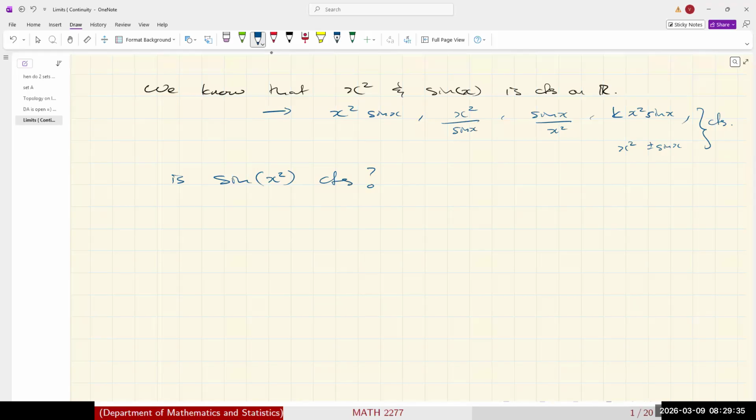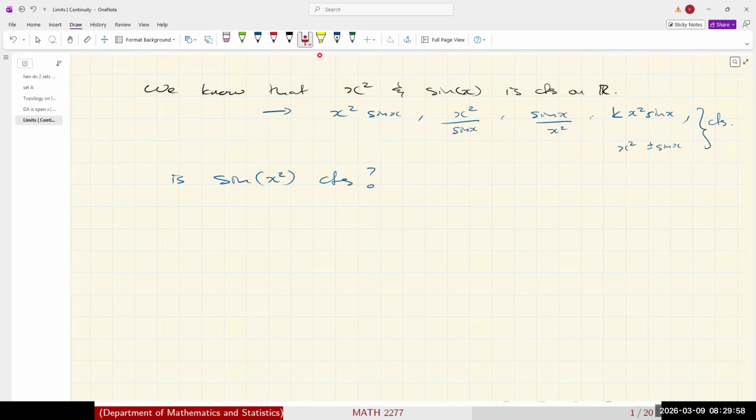So now here's the problem. Yes, that theorem is very nice and useful because it allows us to multiply continuous functions, take their ratios, add them, subtract them, and you will be guaranteed a continuous function. Again, provided this guy is not zero. Okay, so you just remove those ones.